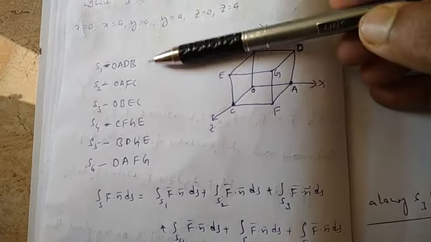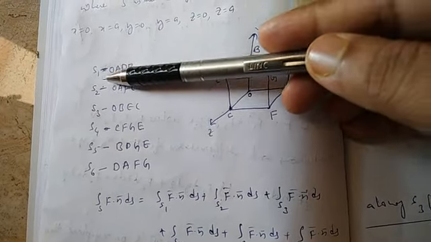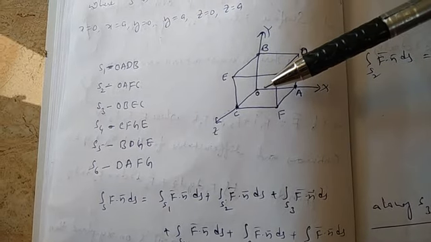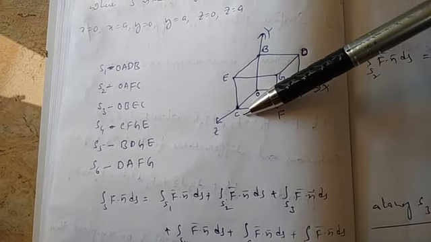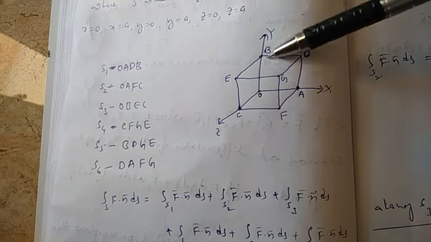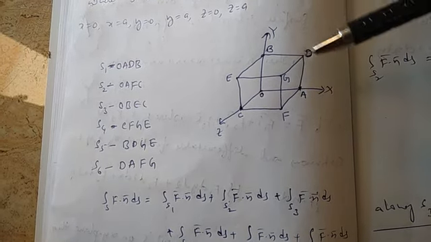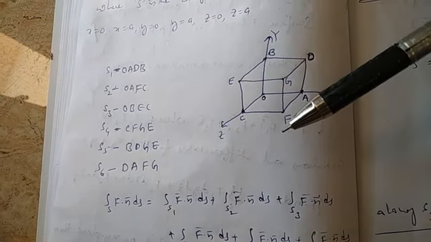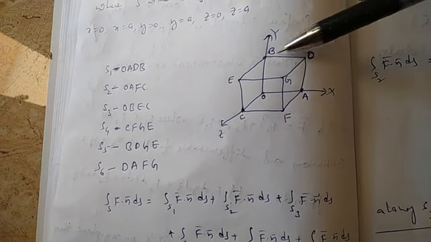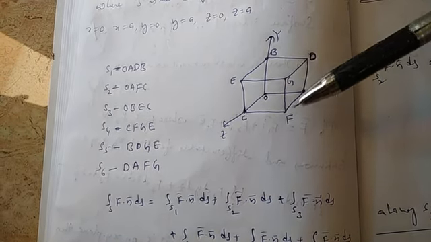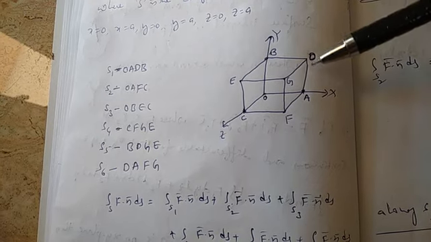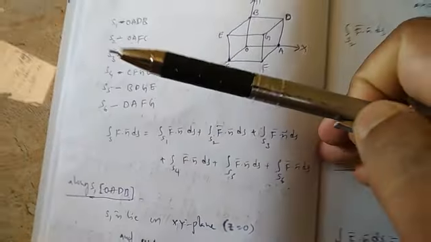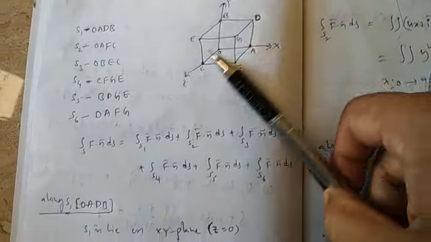S1 I consider as O, A, D, B. S2 I take as O, A, F, C, and S3 as O, B, E, C. S4 I take as C, F, G, E. S5 I take as B, D, G, E, and S6 as D, A, F, G. Now we have 6 surfaces, and over them we need to integrate. The total surface can be divided into these 6 surfaces.